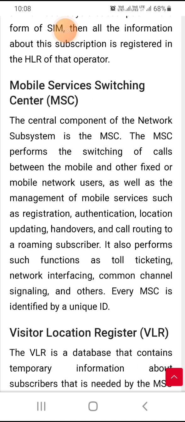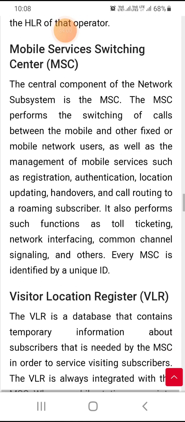The MSC performs the switching of calls between the mobiles and other fixed or mobile network users, as well as the management of mobile services such as registration, authentication, location updating, handovers, and call routing to roaming subscribers. It also performs network interfacing, common channel signaling, and others. Every MSC is identified by a unique ID.